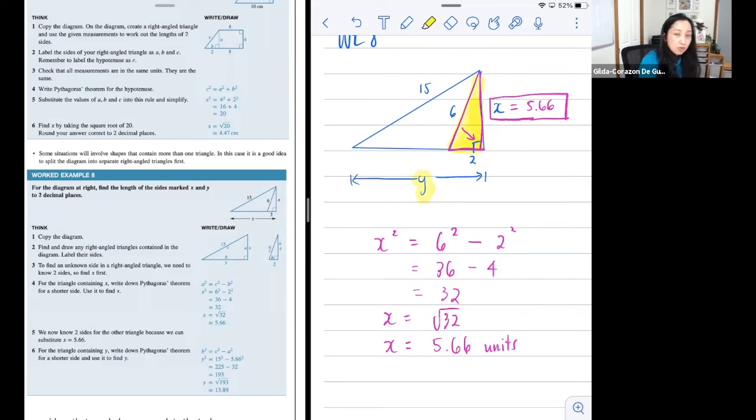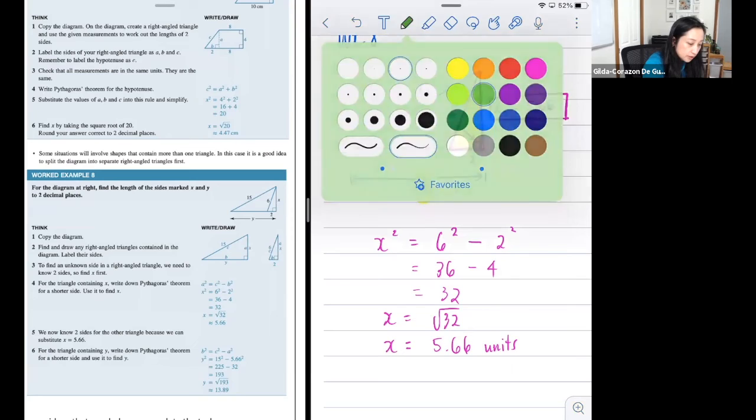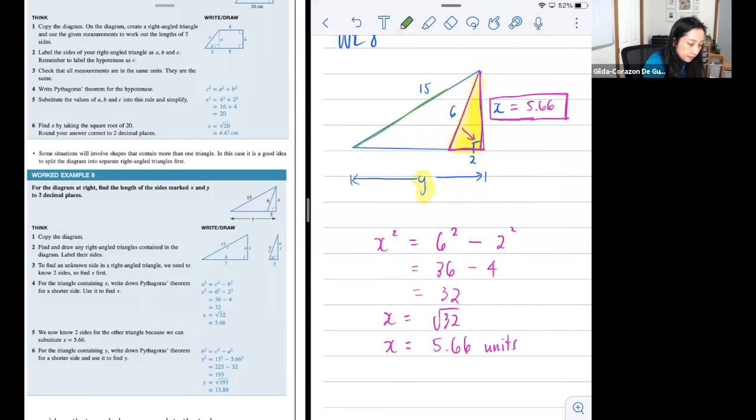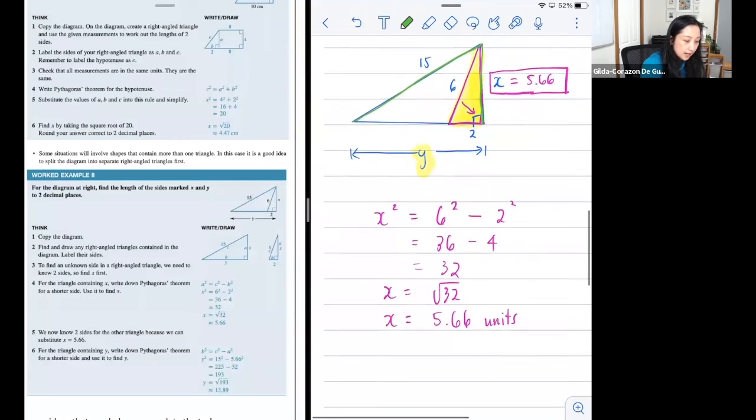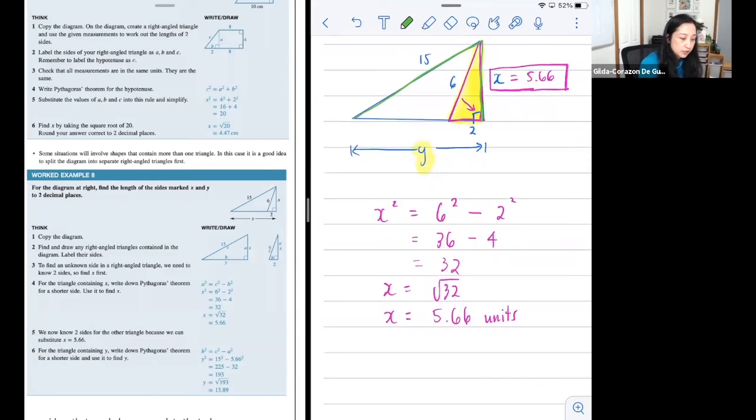But now we know x, we know the hypotenuse here, this hypotenuse here, let me use green, that one, and we know this side as well, yeah? So now we would be able to figure out what y is. Again, that would be one of the shorter sides.